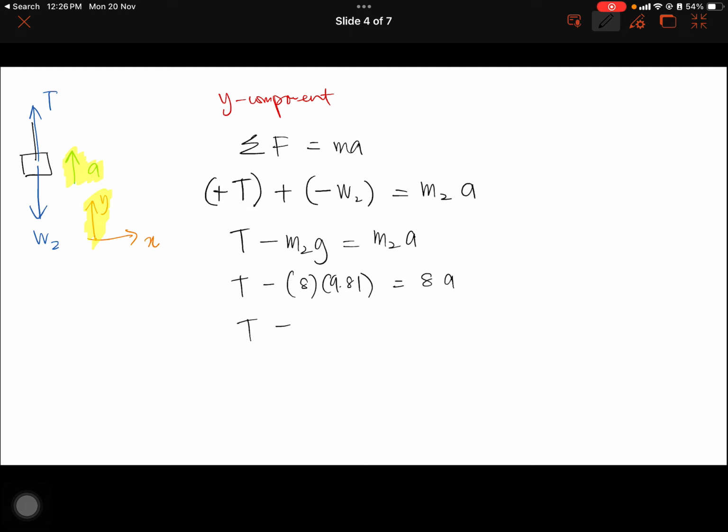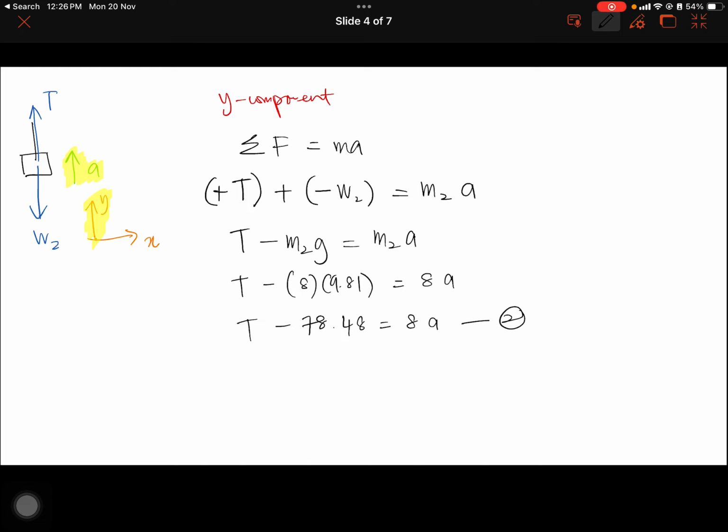So T minus 78.48 is equal to 8a. Now we have the second equation. What we have to do next is combine the two equations together.